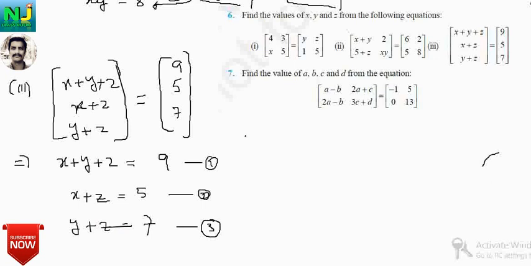So now solve equations 1 and 3. Look at here. Substitute y plus z is equal to 7 from equation 3 into equation 1.